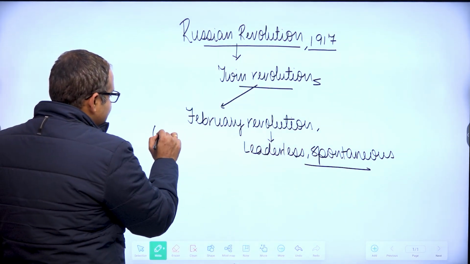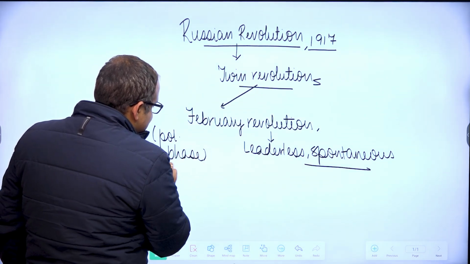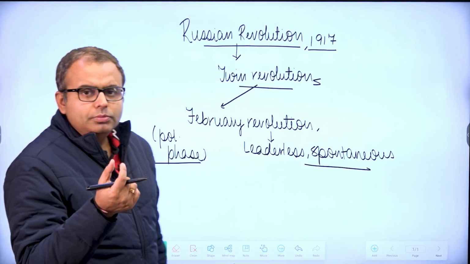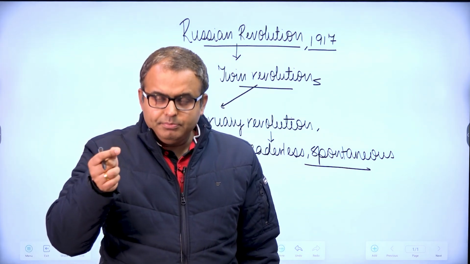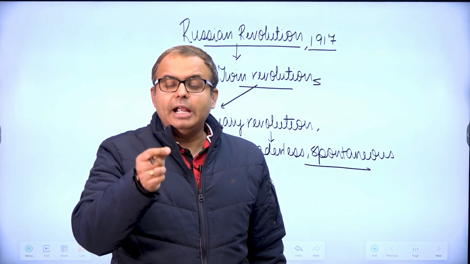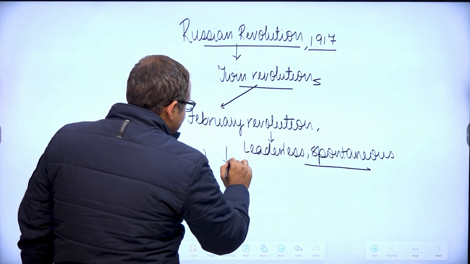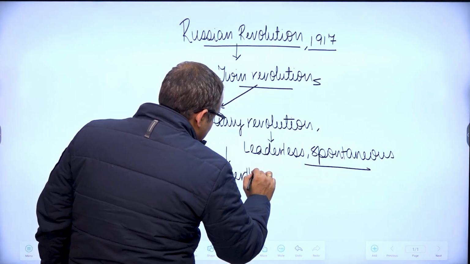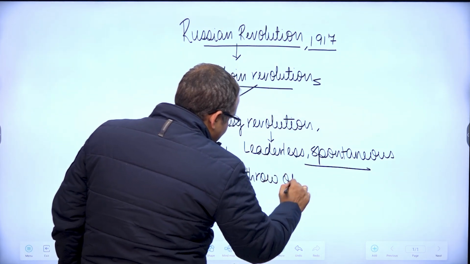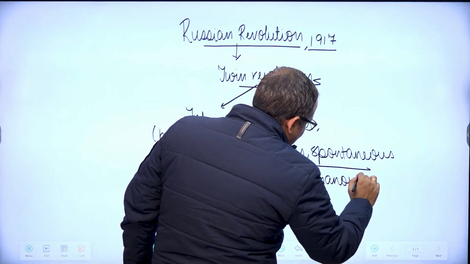This is called the political phase, which started impromptu in the form of a women's protest at Petrograd, to be joined by the workers and the soldiers. And this revolution resulted in the overthrow of Romanov rule.